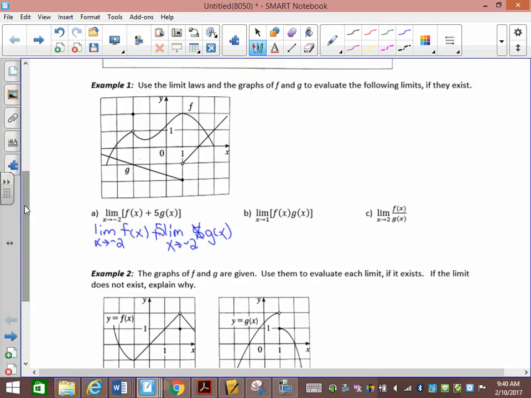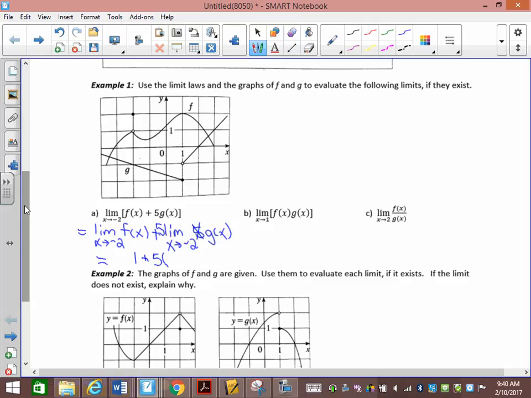So the limit as x approaches -2 of f of x. So I go to -2, f is this one. I go to -2, it's approaching what? 1. From both sides? Left and right? Yeah, so it is 1. Plus 5 times the limit as x approaches -2 of g of x. So I go to -2.